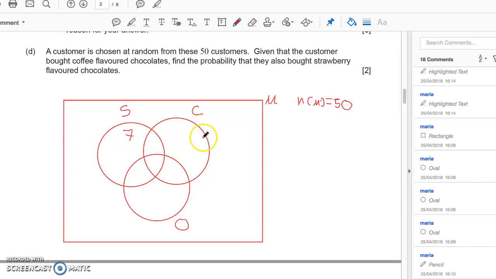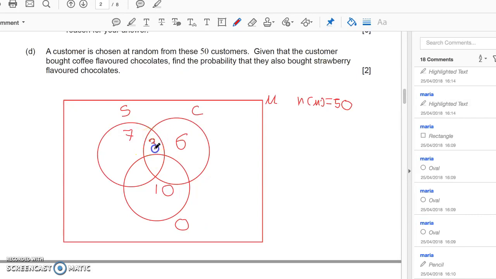6 is coffee, but coffee only, not mixed with the strawberry or orange. That's my 6. I see 10 bought only orange, not mixed with anything else. Then 3 bought coffee and strawberry, this region, but not orange, so that region is not included.